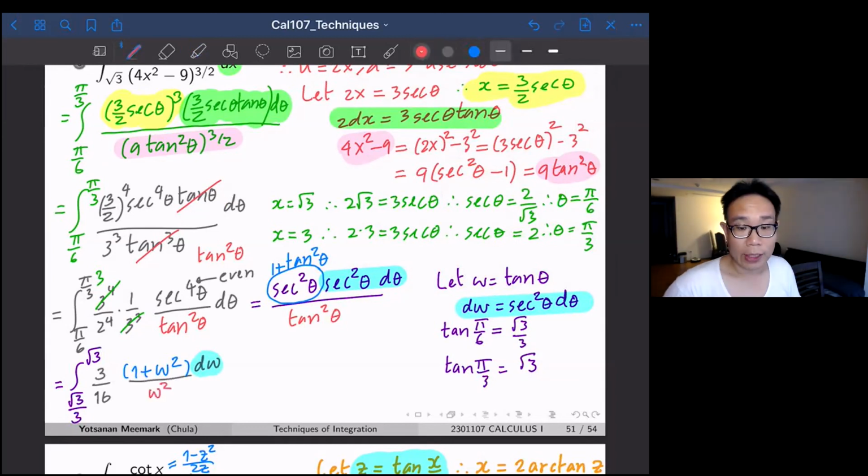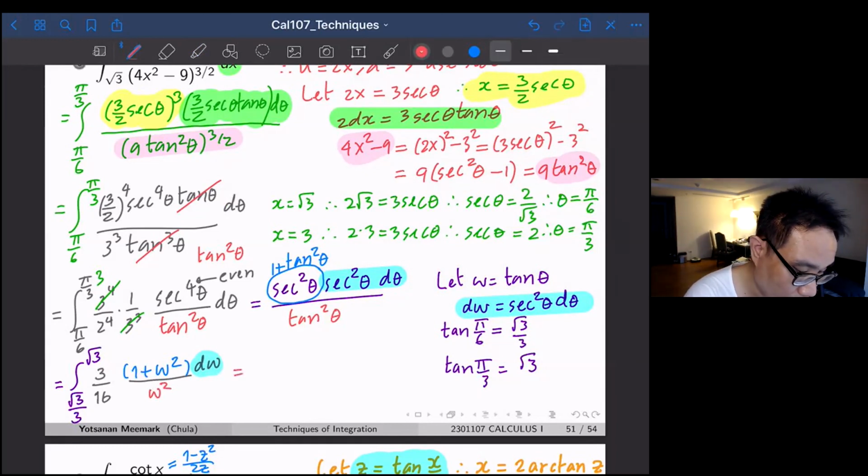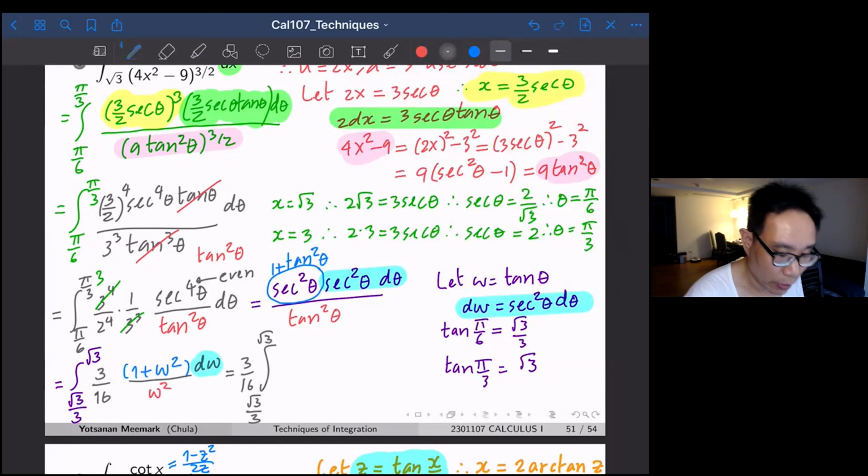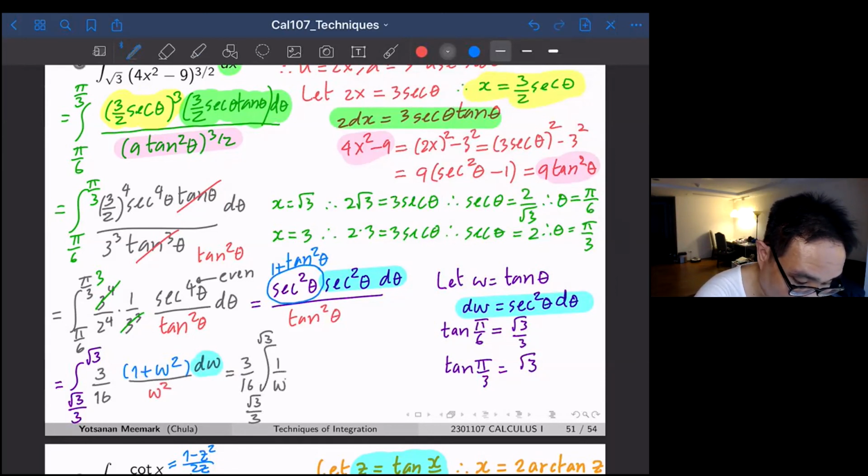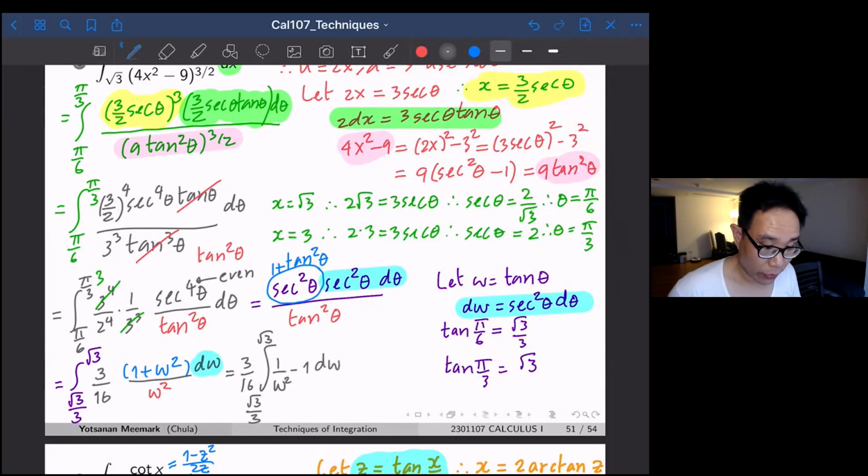I use the color accordingly, and you see that this one will become, wish me luck here, 3/16, and you integrate from root 3 over 3 to root 3, of 1 over w squared plus 1 dw.